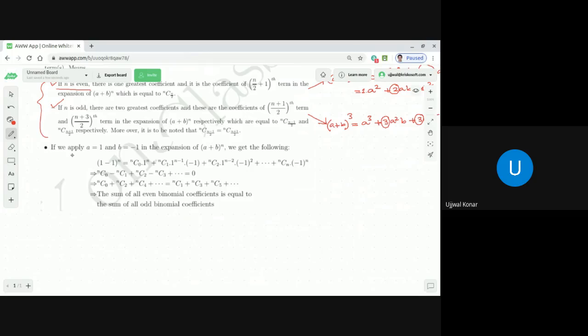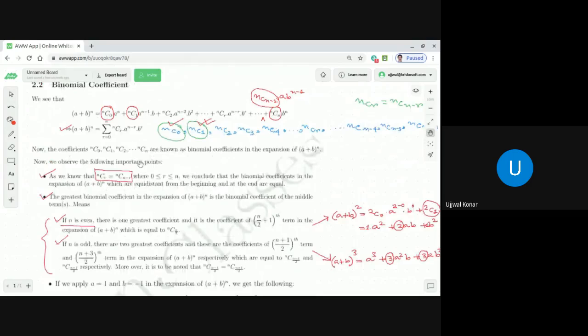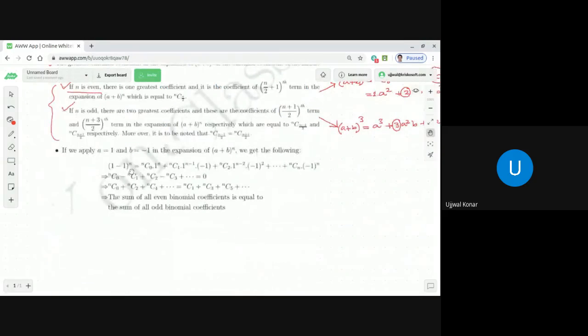if we apply a equal to 1 and b equal to minus 1 in the expansion of (a plus b) power n, this is the expansion of (a plus b) power n. And in this expansion, if we apply the value of a equal to 1 and b equal to minus 1, then what we are going to get?